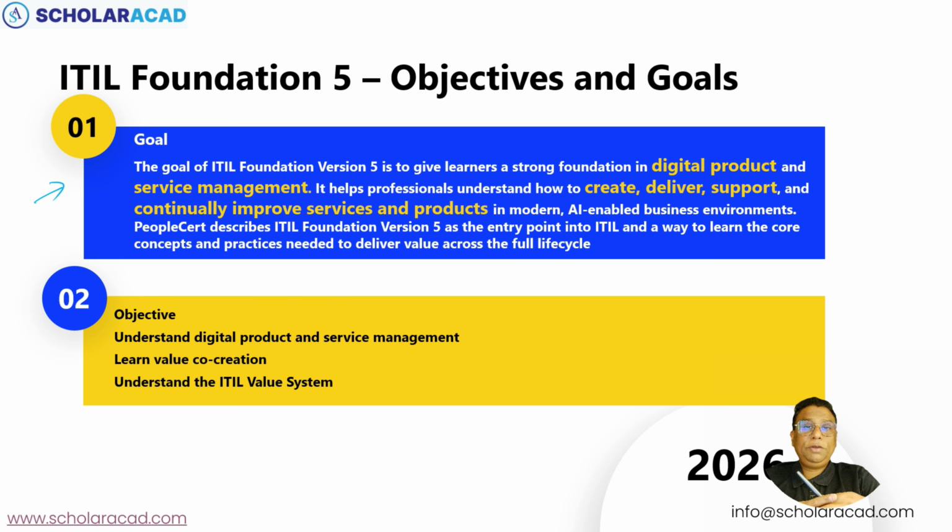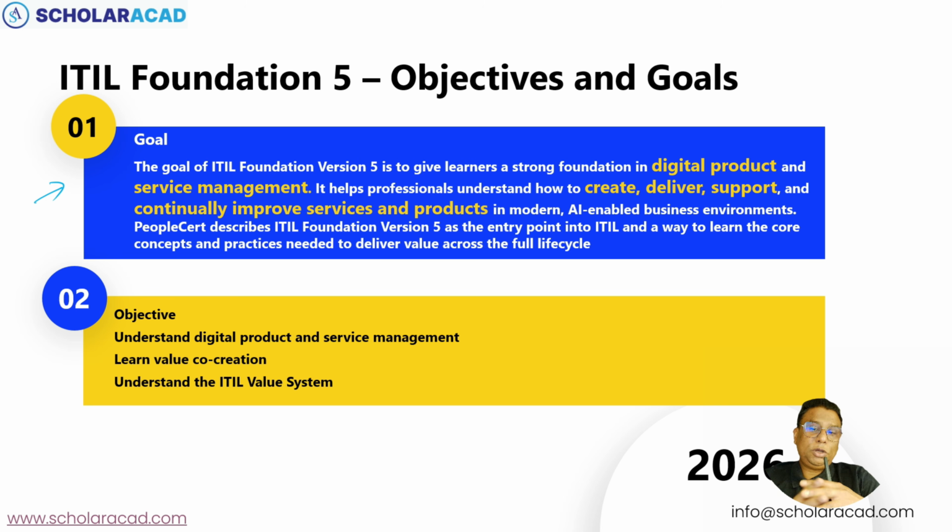Even today we are using AI-enabled business and providing various AI-enabled services with the help of AI, chatbots, AI bots, AI agents; you must be using Microsoft Copilot. This is one of the basic certifications which helps the learner to understand service and product management.